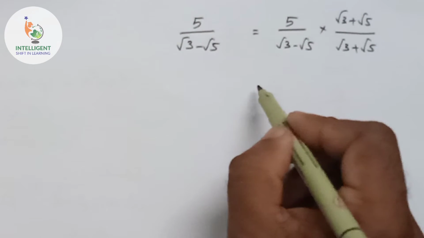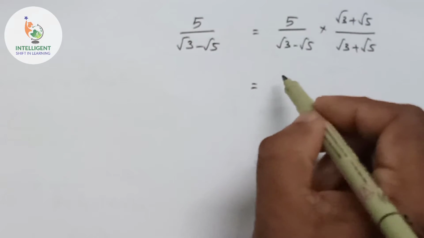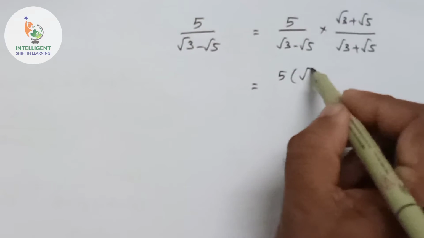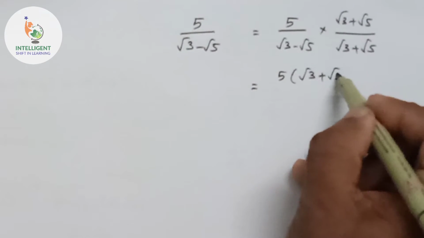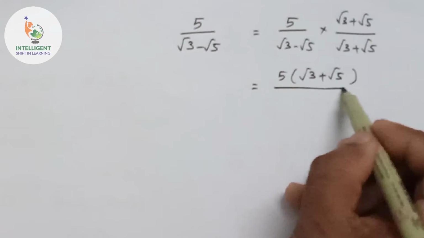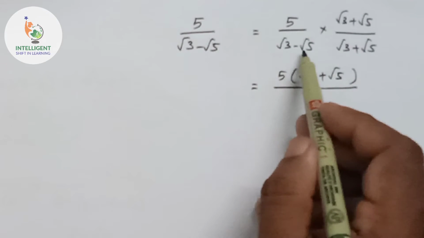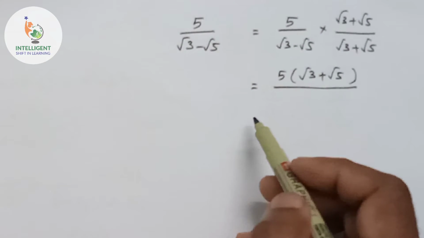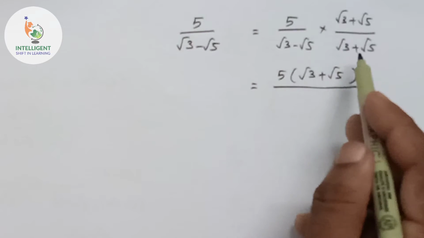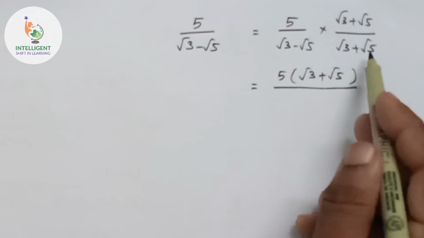is equal to 5 into root 3 plus root 5 divided by a minus b into a plus b. A minus b into a plus b is a square minus b square.